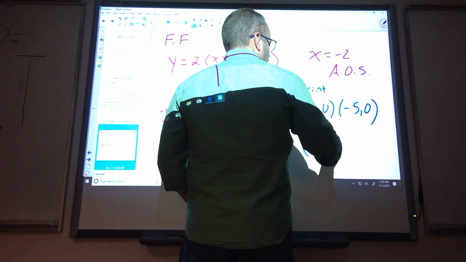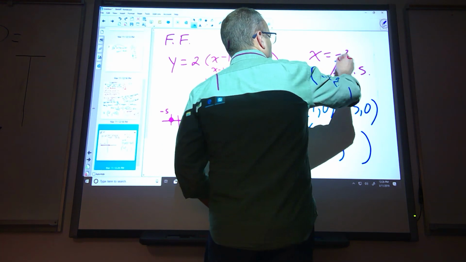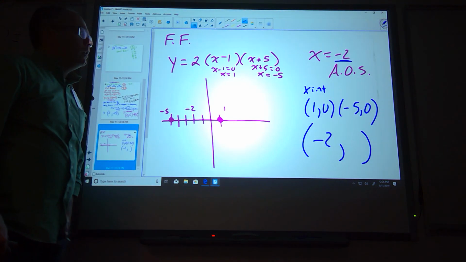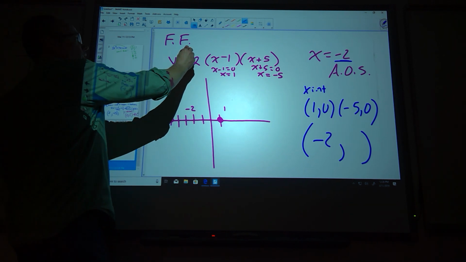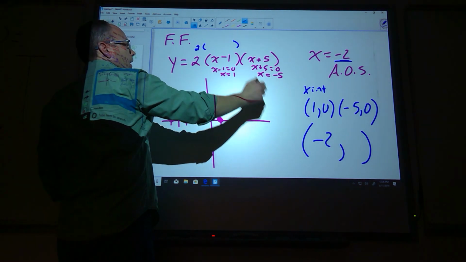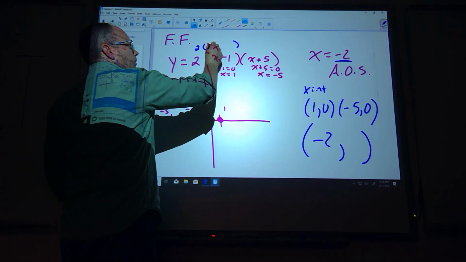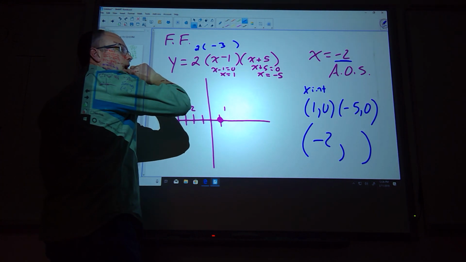So I'm going to use negative 2 because of this. Where should I plug negative 2 in? Into x. Okay, we have to remember outside I have this 2, and then I have negative 2 minus 1 is negative 3. Agree?